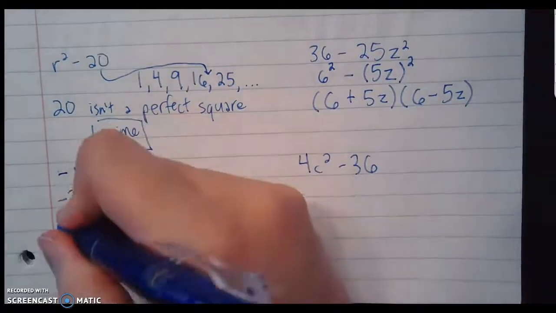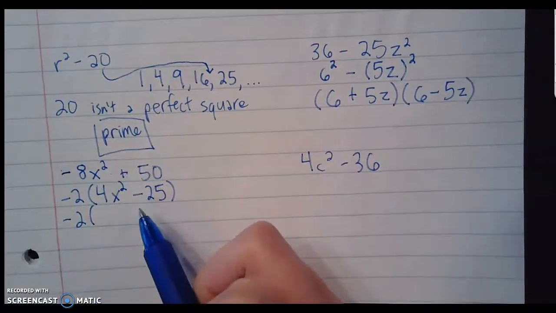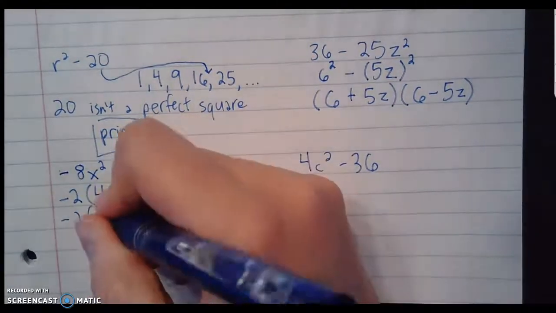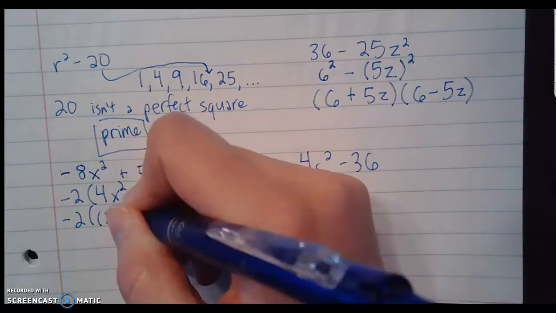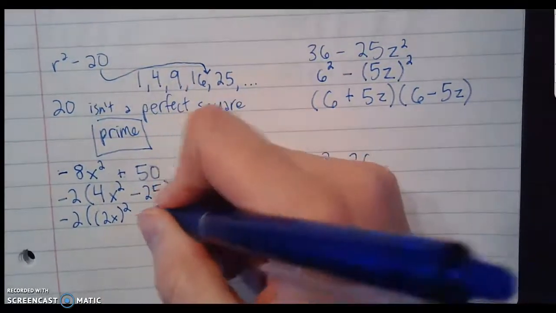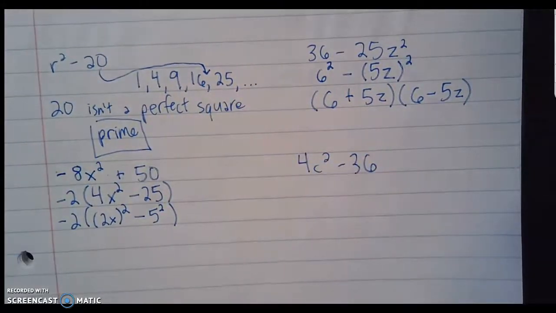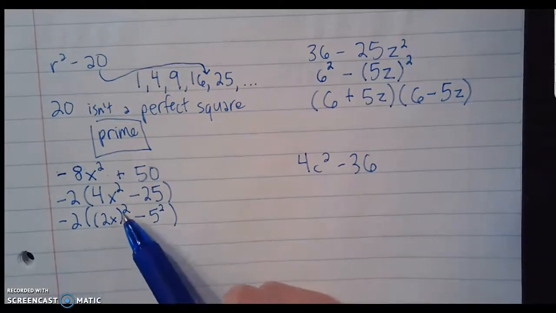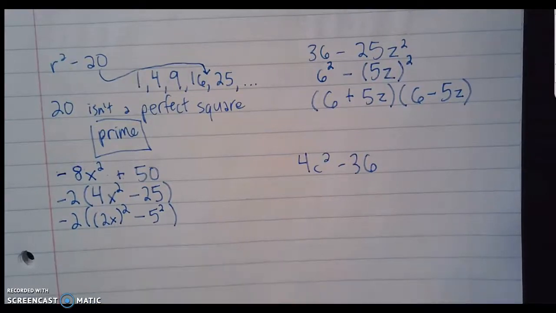So now, since I factored out a negative, now I do have a difference. The only question is, are these perfect squares? Well, 4x squared is 2x times 2x, and 25 is 5 times 5. So this becomes negative 2 times the quantity, 2x squared minus 5 squared.